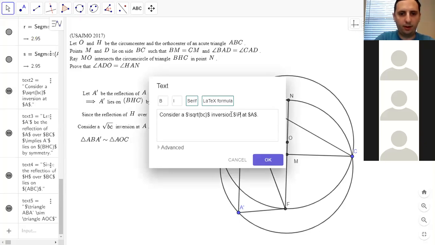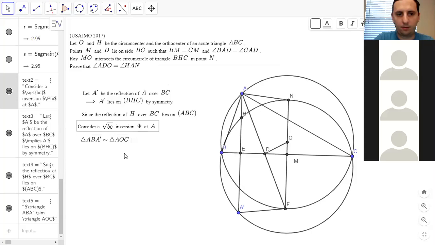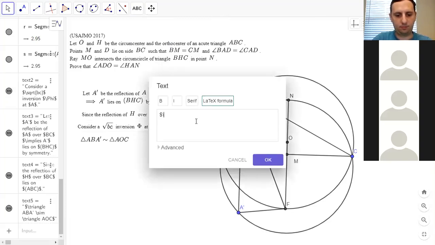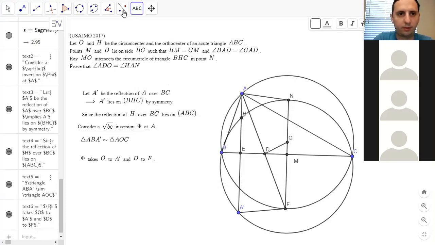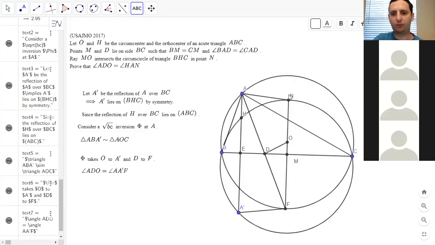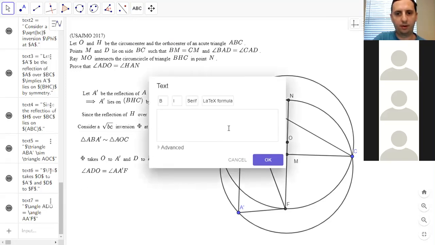Call this phi. So phi takes O to A prime and D to F. So angle ADO is equal to angle AA prime F. But then by symmetry, ANFA prime is an isosceles trapezoid.